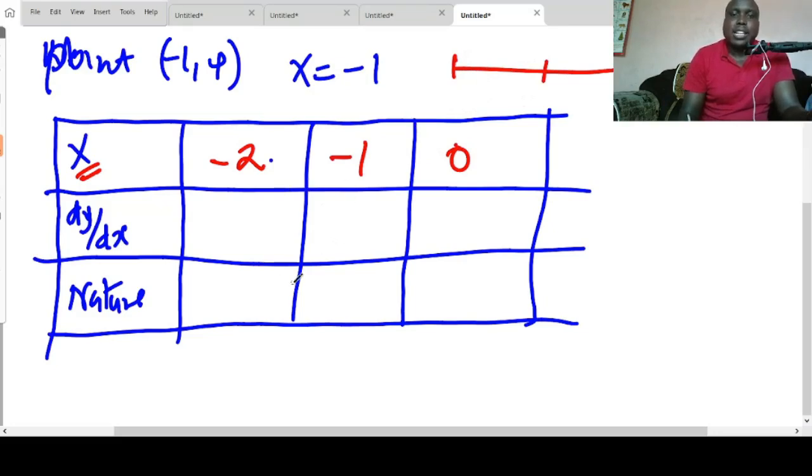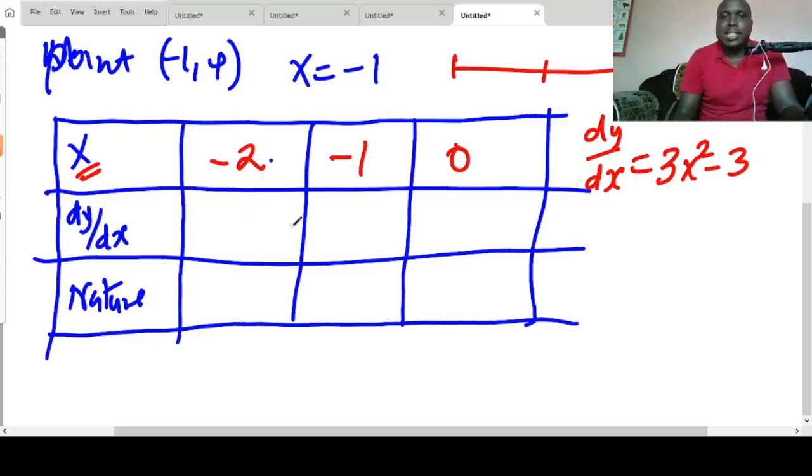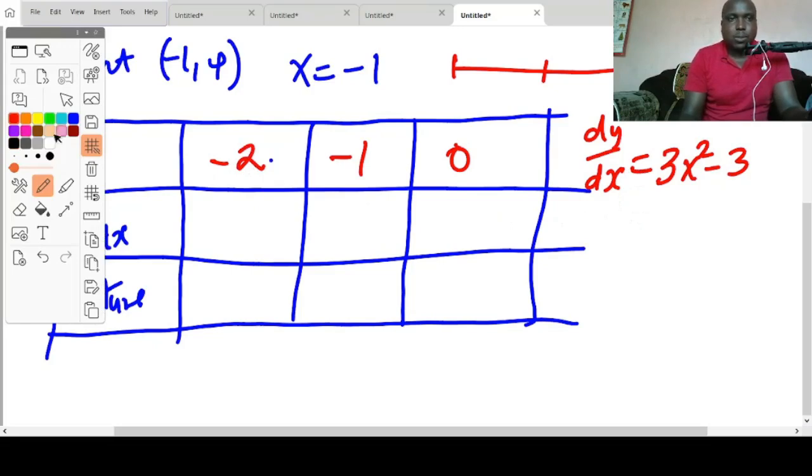Now, the next thing is you substitute these values in dy over dx. Our dy over dx was 3x squared minus 3. So we start with -2. Wherever you see x, you put -2.